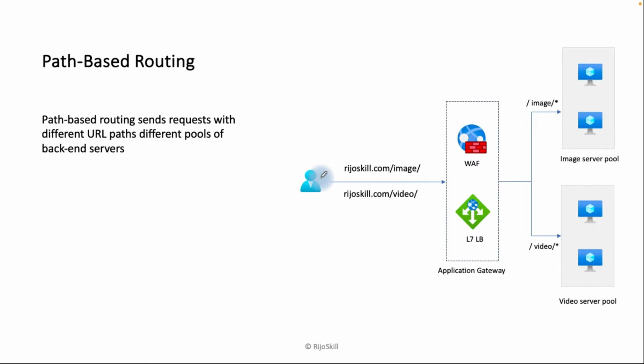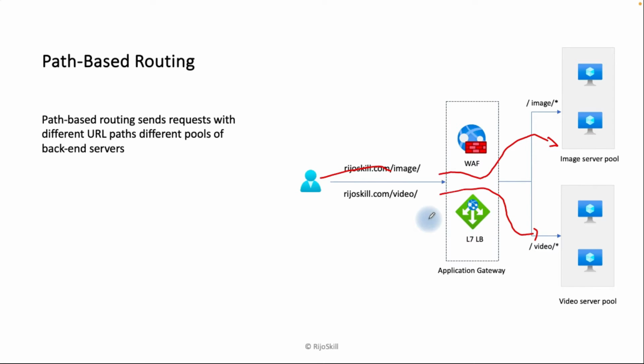The user needs to access an image file, so what happens? Your application gateway routes the traffic to the image server pool. So now you understand what path-based routing is. For example, if the user needs to see a video and opens the video link, the application gateway routes this link to the video pool.